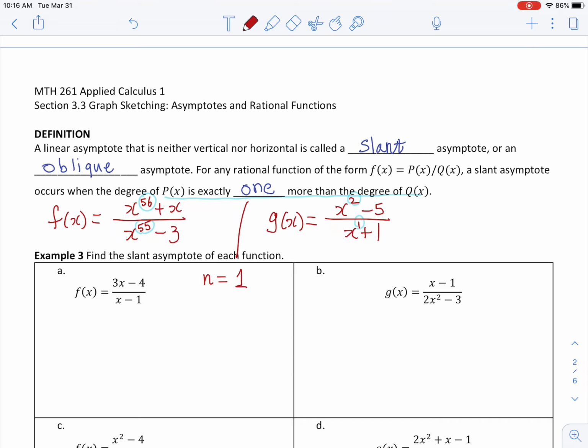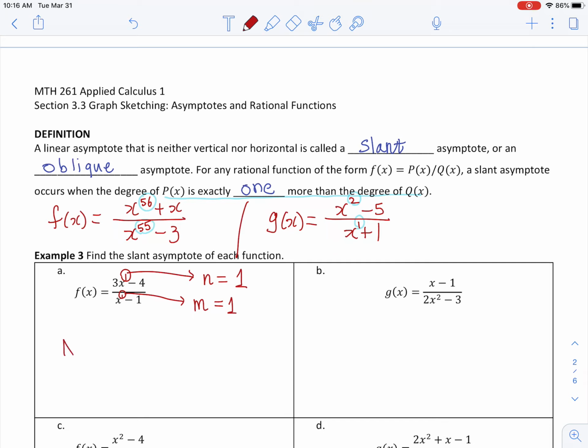What is the degree of the numerator? Degree of the numerator is 1, right? Because f of x is 3x minus 4. So the degree is 1. What about the degree of the denominator? Again, that's going to be 1.